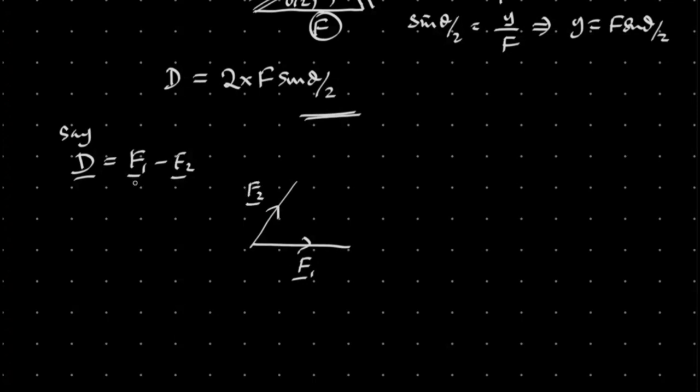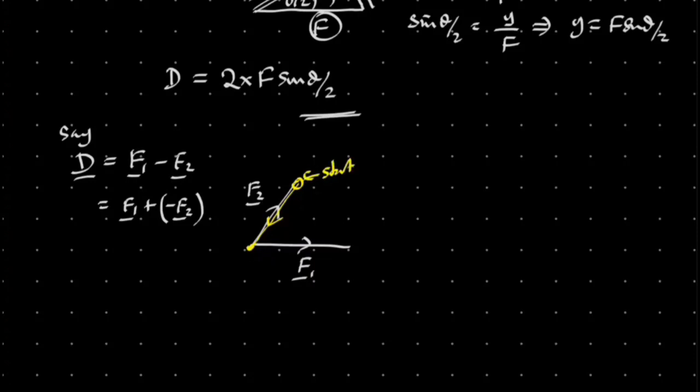If I want f1 minus f2, if you remember, this is taken by adding minus f2 vector to f1 vector. So minus f2 vector is reversing this. I can simply reverse it and draw it on the same. Then this is our start.